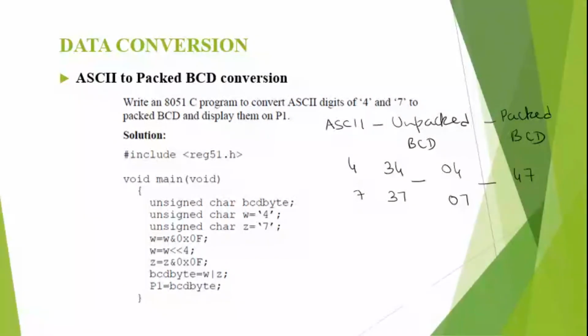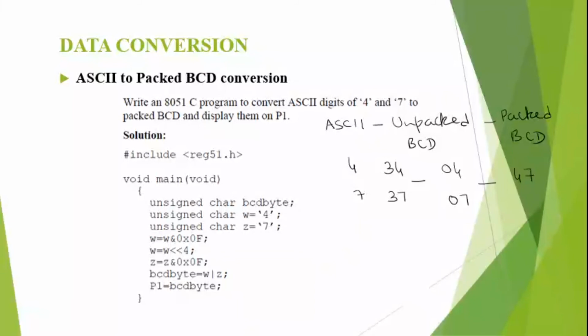Write an 8051 C program to convert ASCII digits 4 and 7 to packed BCD and display them on port P1. So we have the program written. In the main function we have declared the variable BCD byte and then W and Z. W is assigned the ASCII digit 4 and Z is assigned the ASCII digit 7.